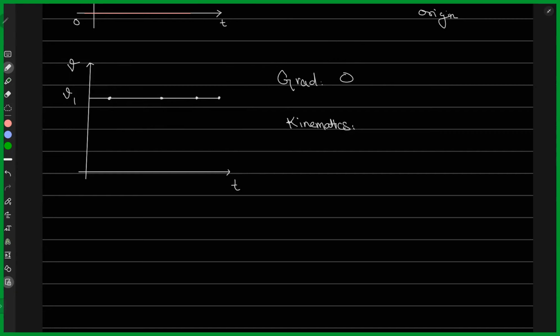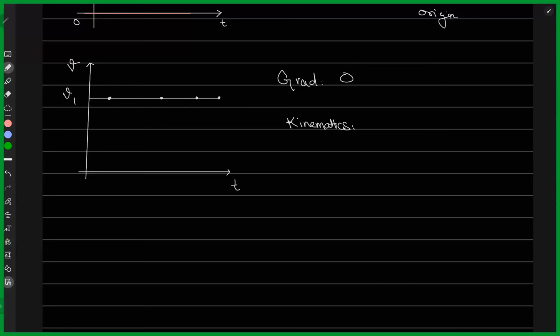Kinematically, what is happening? Constant velocity. Not really, because the value at every instant is the same, so change in velocity by change in time, change in displacement by change in time.